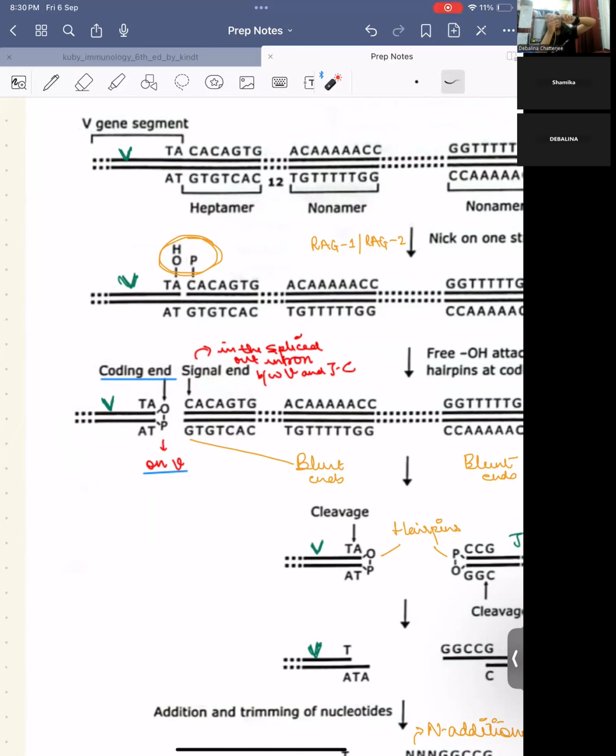What we are left with is this part, and this much of the further V region, let's say. If it cuts here, we can have different base pair additions happening. Because of that, we have all the P nucleotide addition and N nucleotide addition that is happening.